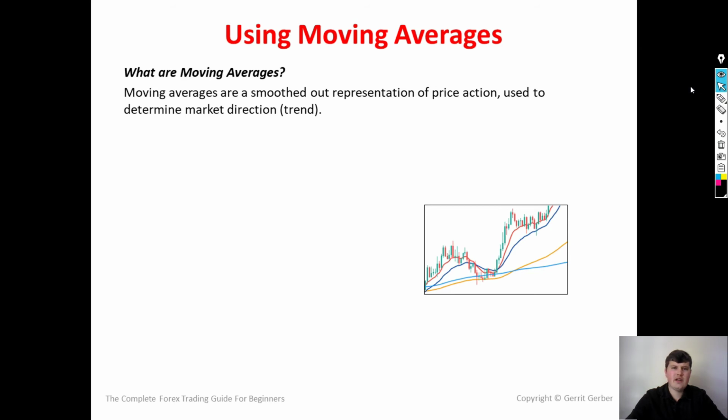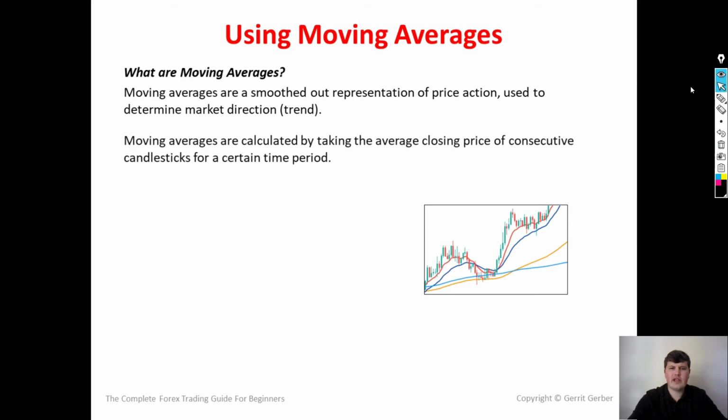So moving averages are calculated by taking the average closing price of consecutive candlesticks for a certain period of time. For example, let's draw 5 candlesticks, and this is just a rough drawing, guys.